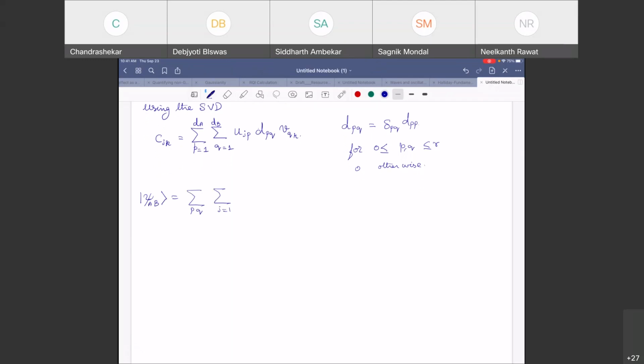So we can rewrite the state psi using the C_JK summation as follows.